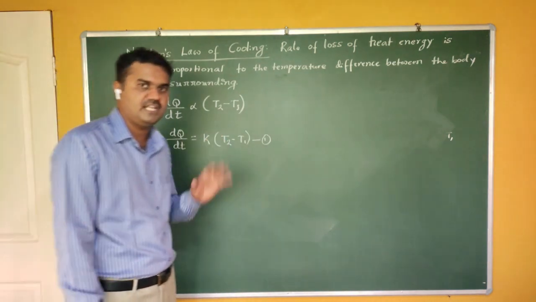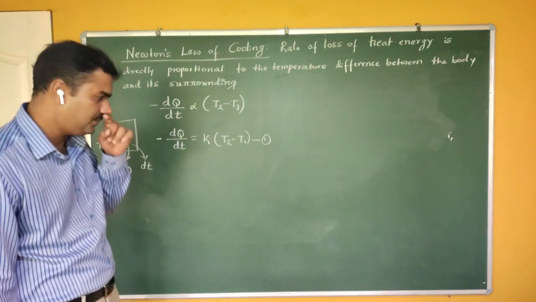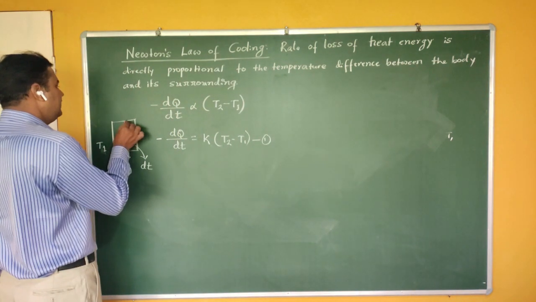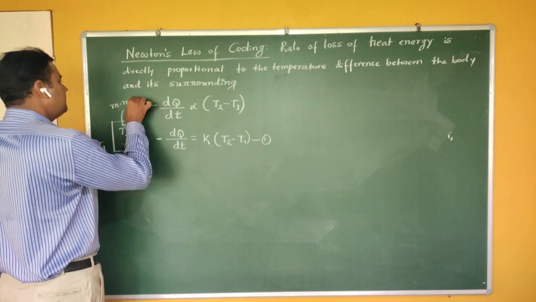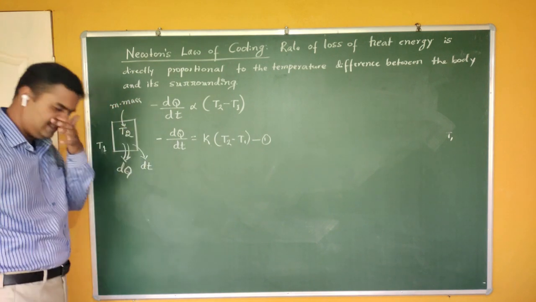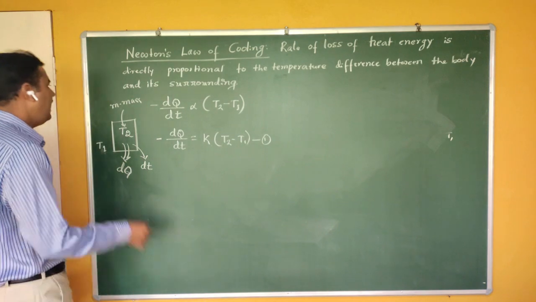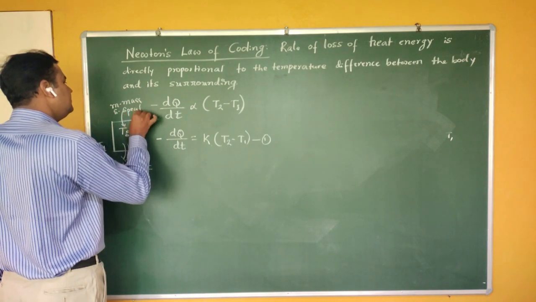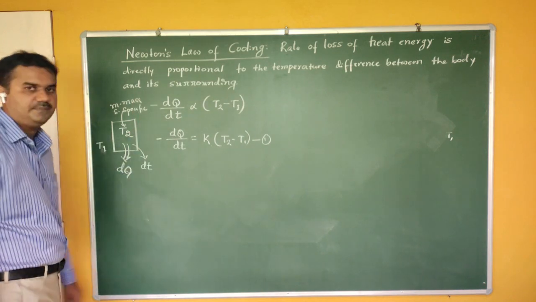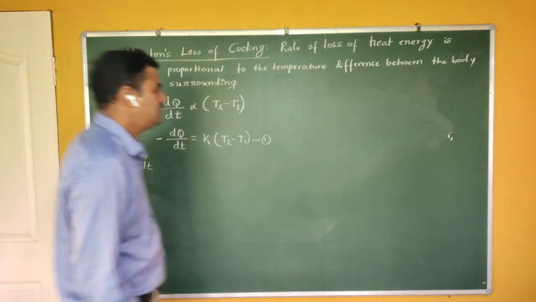Therefore, you can use the concept of specific heat. If m is the mass of that substance, whatever the substance may be, liquid or solid, and S is the specific heat of the substance, then what is the formula for specific heat?